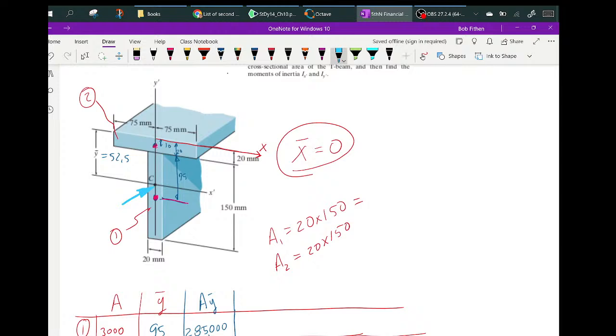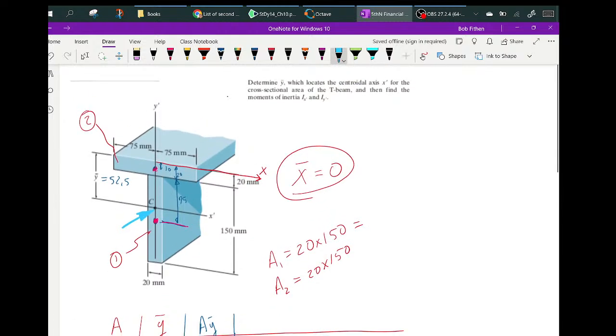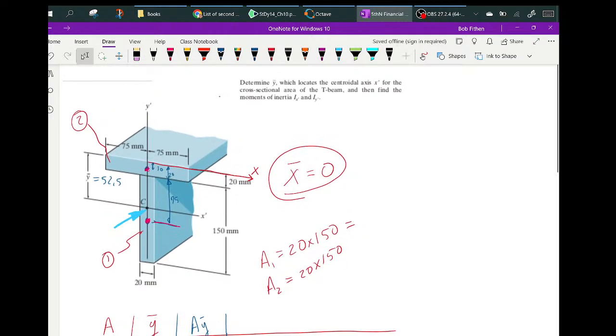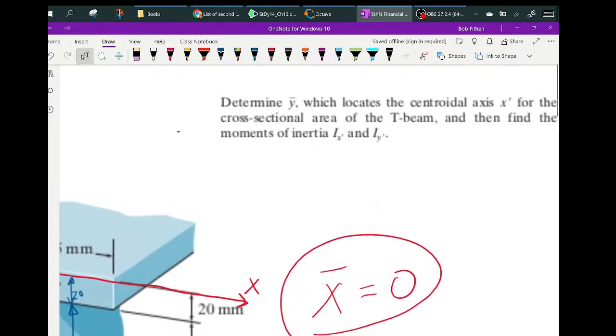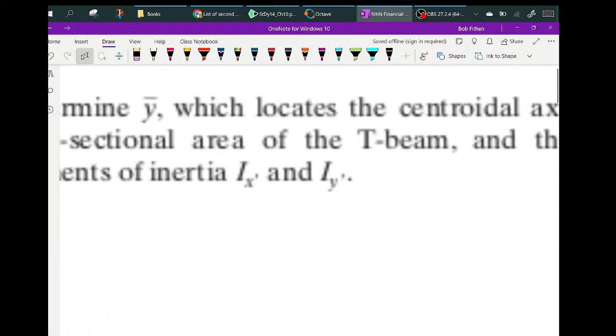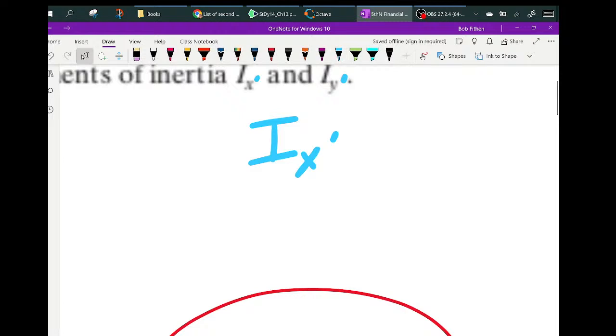Now let's find the I. Okay, what is going on? I kind of see a tag right there, like he's asking for IX tag and IY apostrophe or whatever.